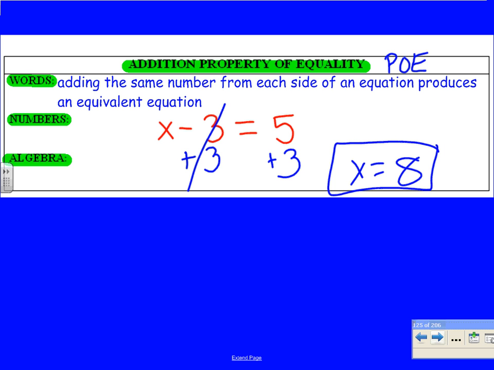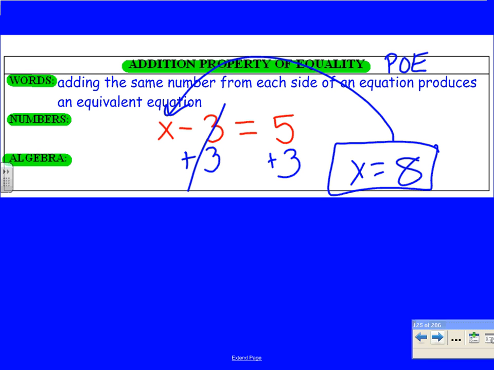X is 8. To check your answer, ask yourself, is 8 minus 3 5? Yep. That's Monday or Tuesday's lesson, but yes.